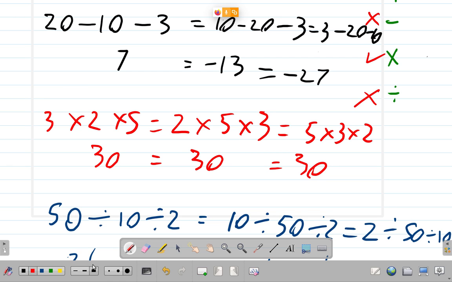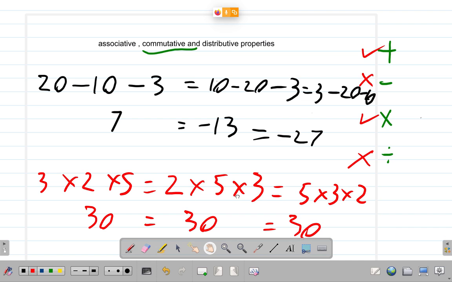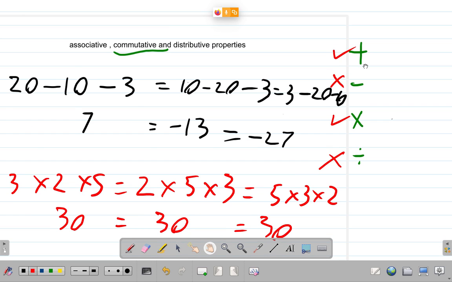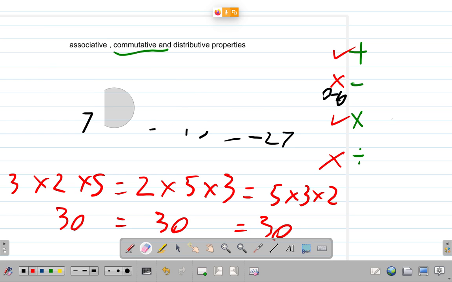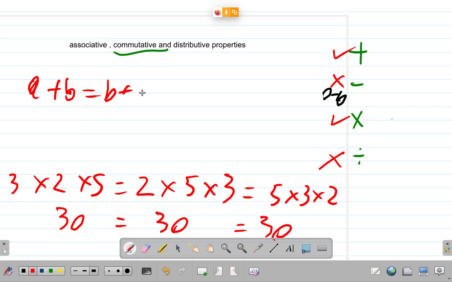So here, addition is commutative, or putting it in more general terms, A plus B is equal to B plus A. Alright?